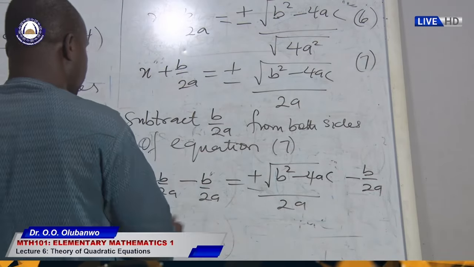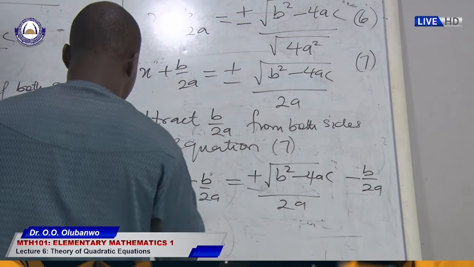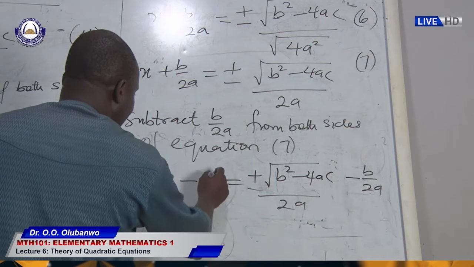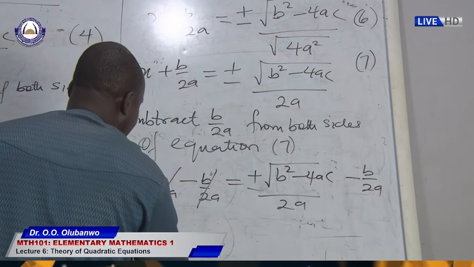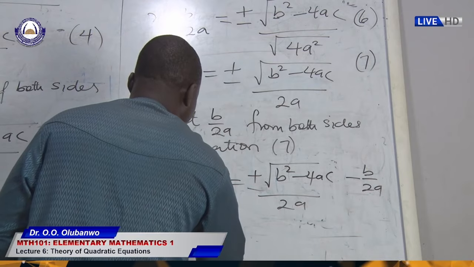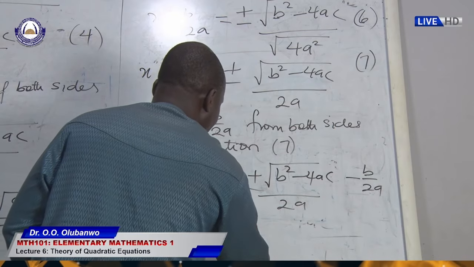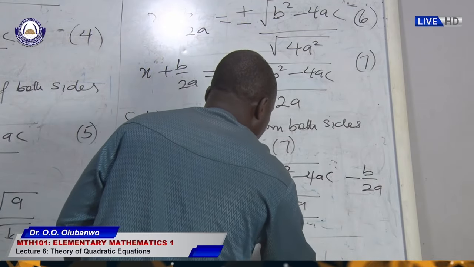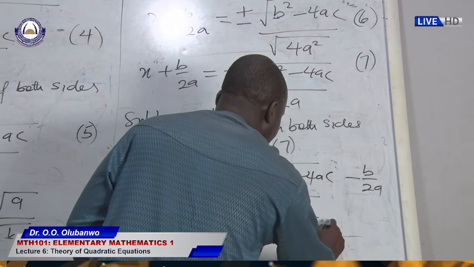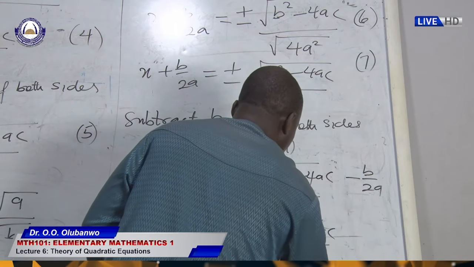Looking at this, I will have this cancel this. I can write x equals minus b over 2a plus or minus the square root of b squared minus 4ac over 2a.